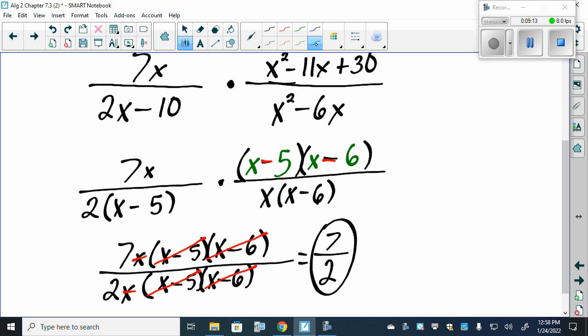Any questions on any of this here? So for the most part, is this any real different than what we did last week with multiplication? No, we're just changing the one thing.